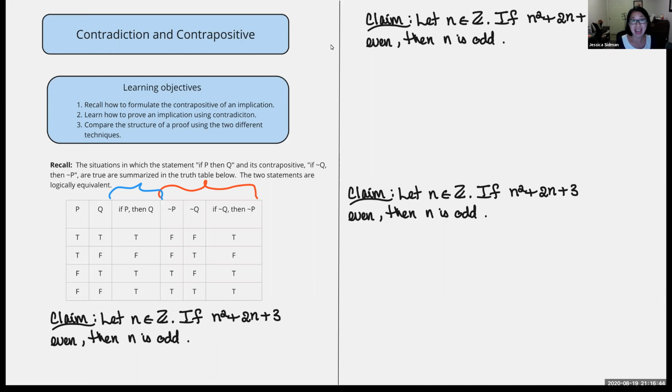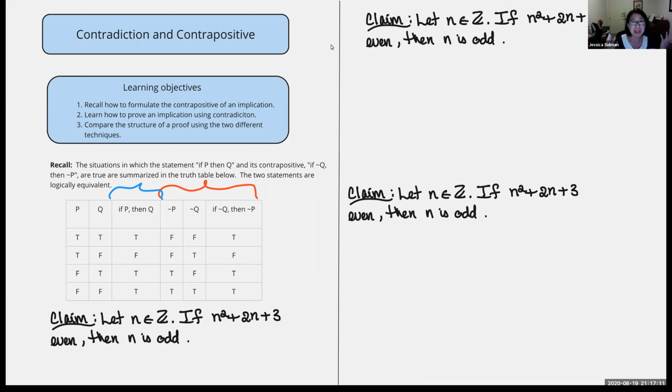And that's how I interpret this truth table, as telling me that P implies Q and its contrapositive, not Q implies not P, are logically equivalent, okay? So I can do a direct proof of if P then Q, or I could do a direct proof of not Q implies not P, and I'd be proving the same thing.